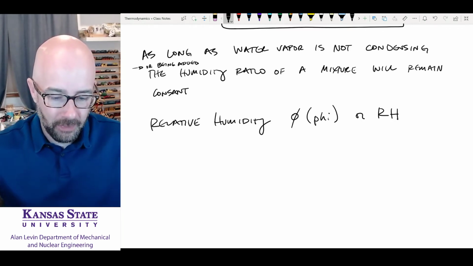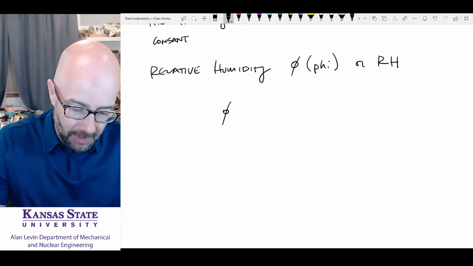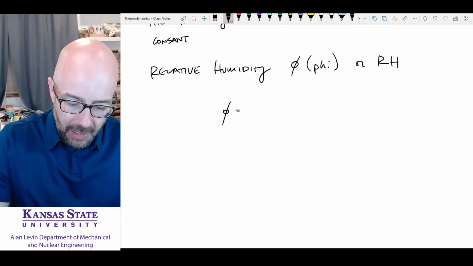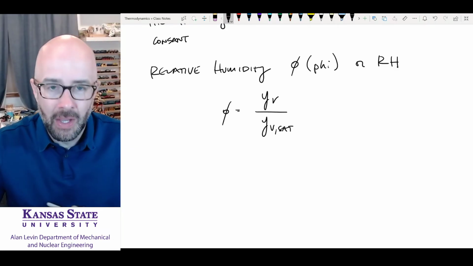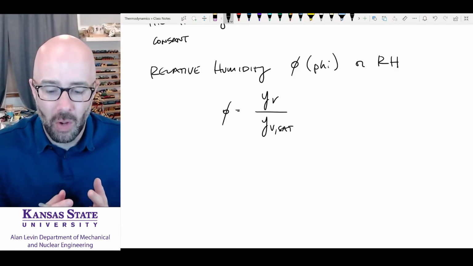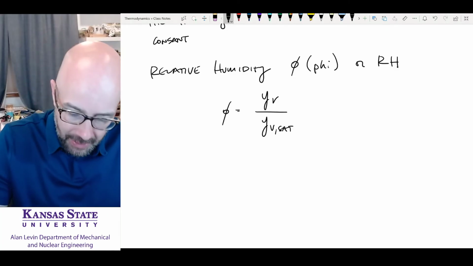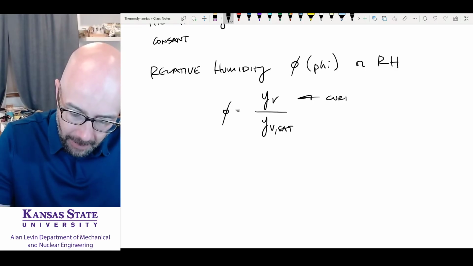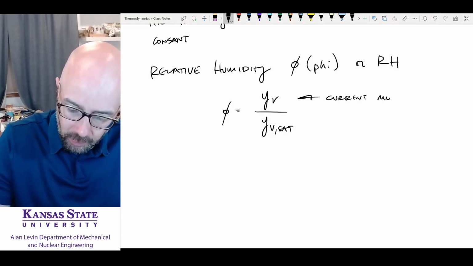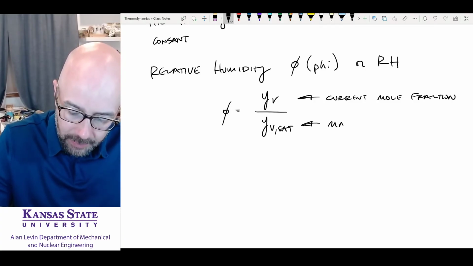And we say relative humidity is equal to the mole fraction of the vapor over the mole fraction of the vapor at saturation. So we're looking at the current mole fraction of the water vapor compared to the maximum allowed. This here is the current mole fraction, and this here is going to be the maximum allowed.